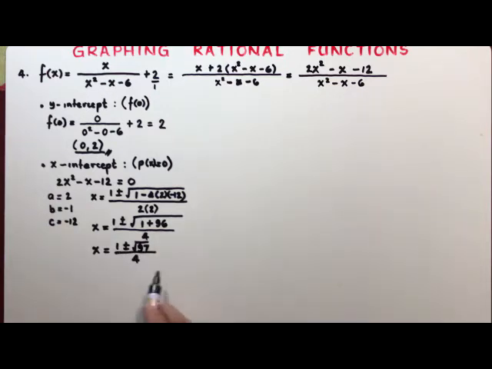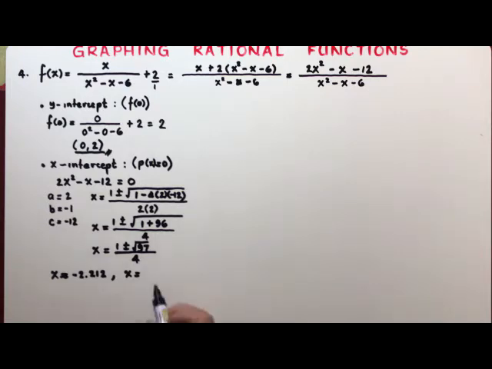So one x is 1 minus the square root of 97 divided by 4, and using your calculator, approximately x is equal to negative 2.212. And the other x is equal to 1 plus the square root of 97 divided by 4.